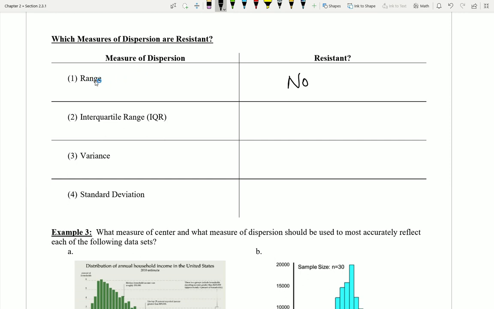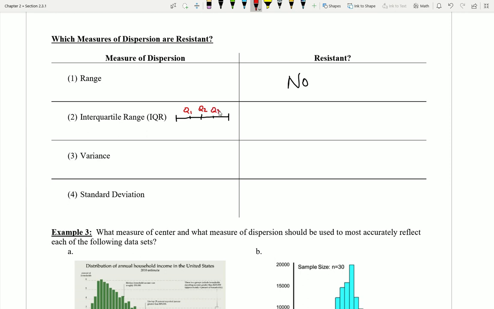Remember, if I had a very large or small value in a data set, that's going to directly affect the range calculation. Now, if I think about how the rest of these values were constructed, I might be able to figure out if they are resistant. Remember that the interquartile range was found by taking my data set and chopping it up into little pieces so I could get my quartiles. That required calculations like finding Q2, which was a median, Q1, which was a median, and Q3, which was a median.